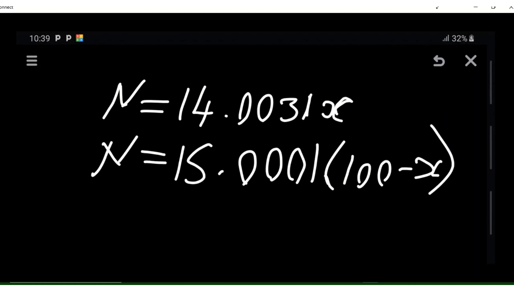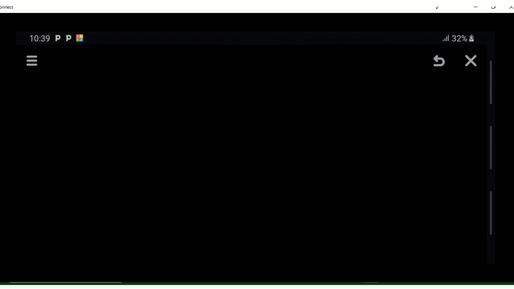Now, to find the abundance, you put it in the normal way, like the way you find the relative atomic mass.